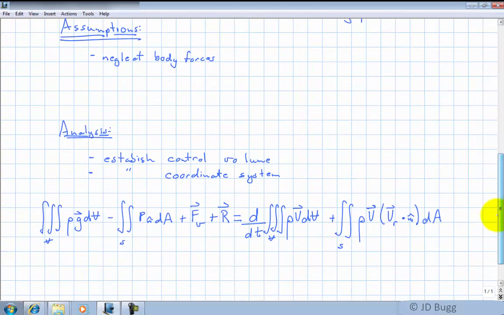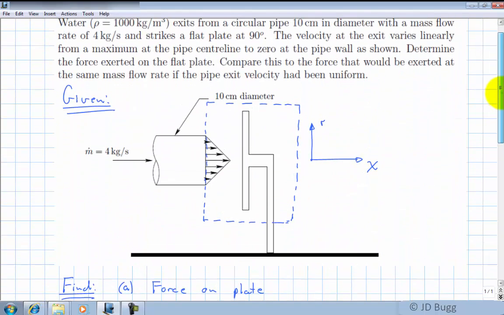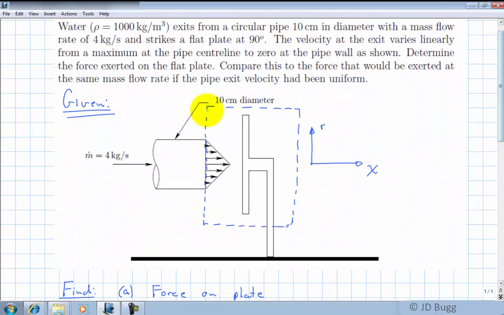And as far as the equation is concerned, that term goes. Next are the pressure forces. So what we want to do every time is go back to our control volume and take a look at our control surface. Because remember, that's an integral over the surface. So we want to see what is the pressure on the surface of this control volume. Well, as we've talked about, anytime we have a free jet here, so water coming out of the end of a pipe, the pressure in that jet is just going to be atmospheric pressure.